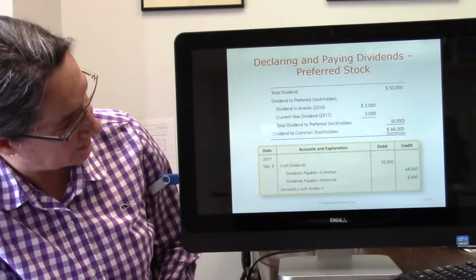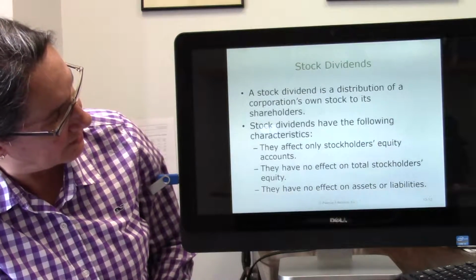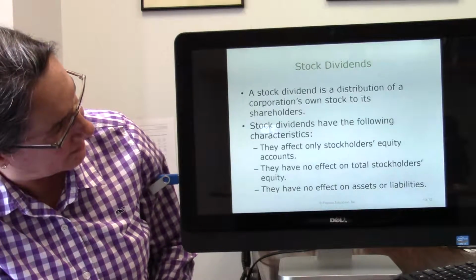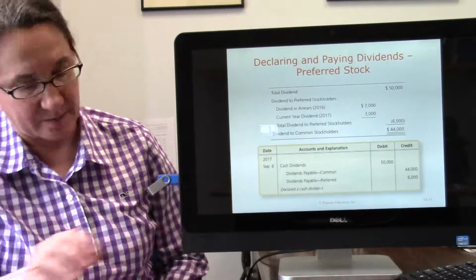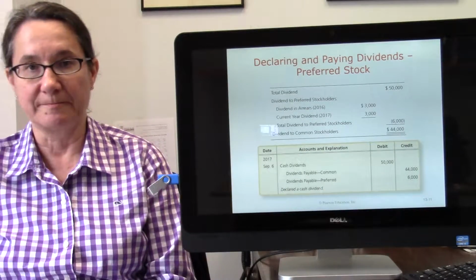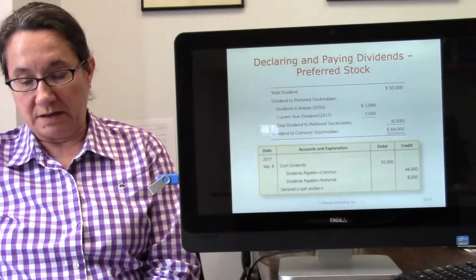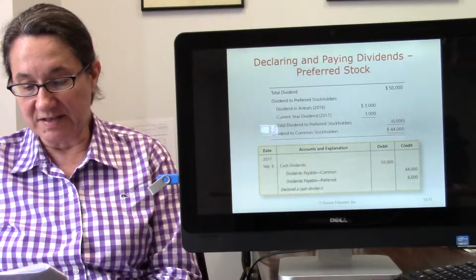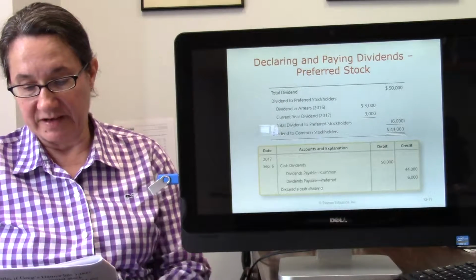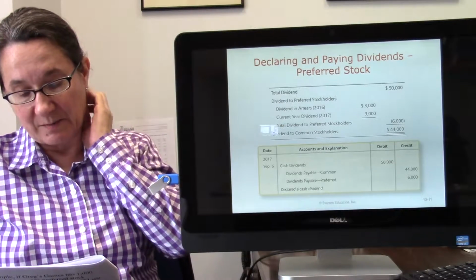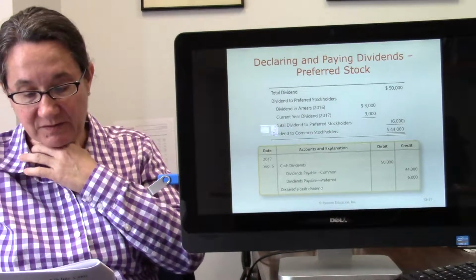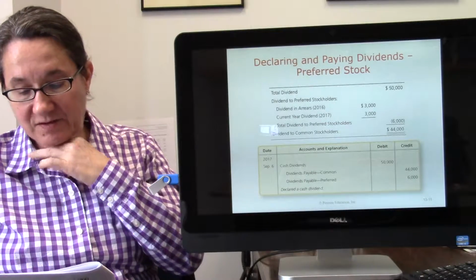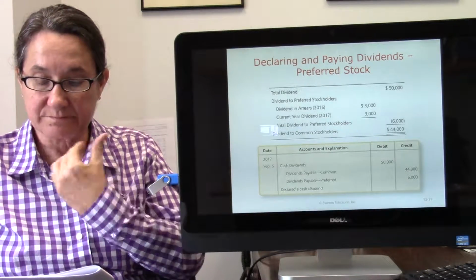So let's take a look at what this would look like, right? Declaring and paying stock dividends, preferred. Suppose Greg's Games preferred stock is cumulative, and in 2016 they did not pay any dividends. Before paying common stock, Greg's Games must first pay preferred dividends of $3,000 for 2016 and $3,000 for 2017, a total of $6,000.